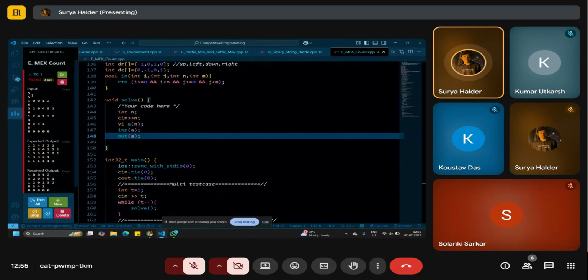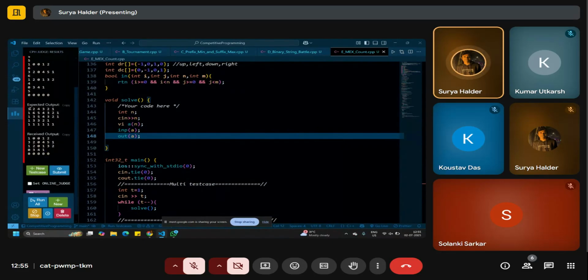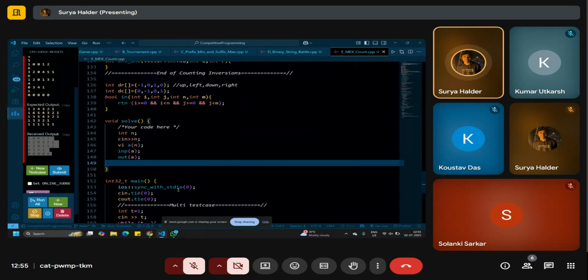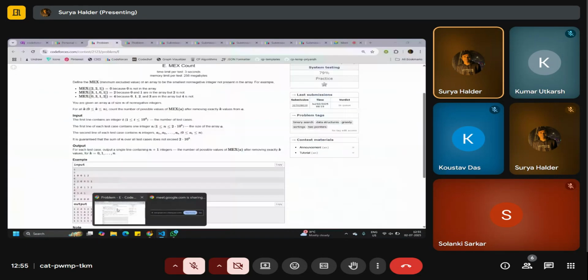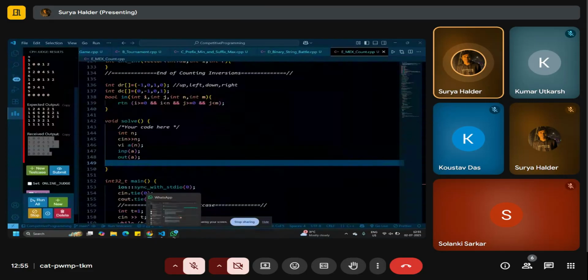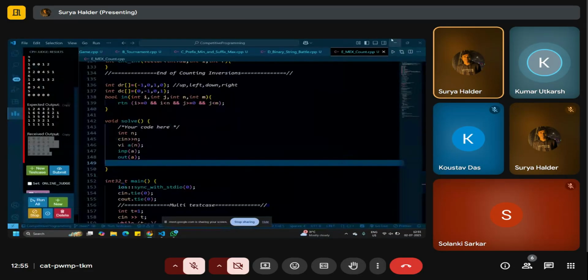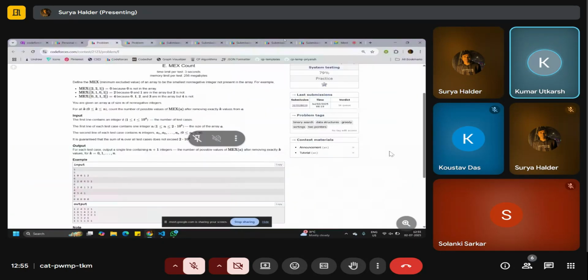See, directly it will show that this has failed. This was the expected output, but your output was this. So this setup is helpful for competitive programming. You can see any YouTube video and then make this setup. Okay, bhaiya, I will see any tutorial.